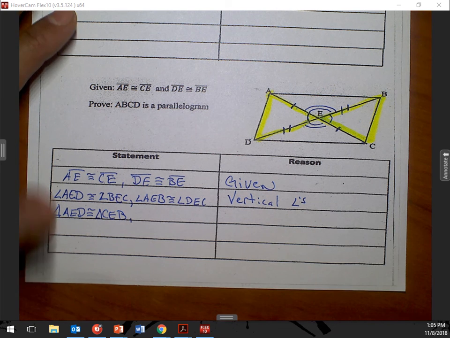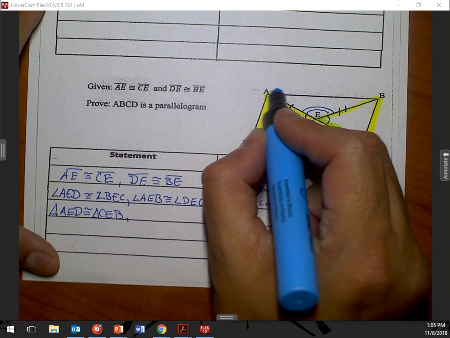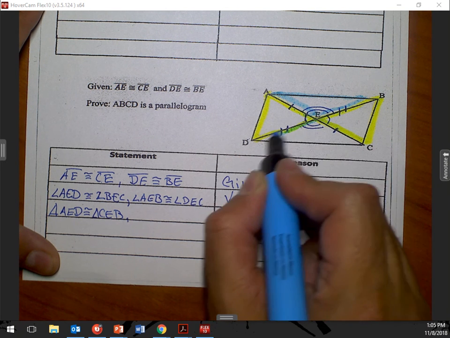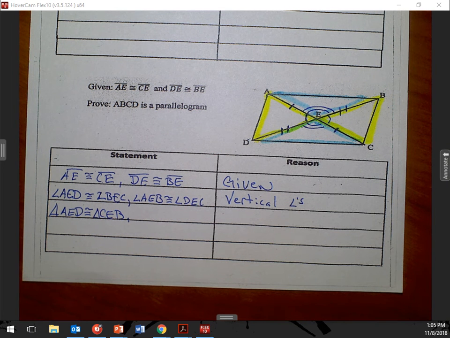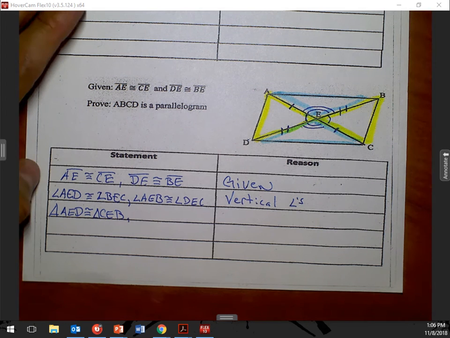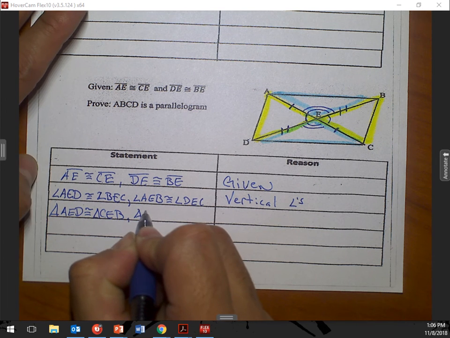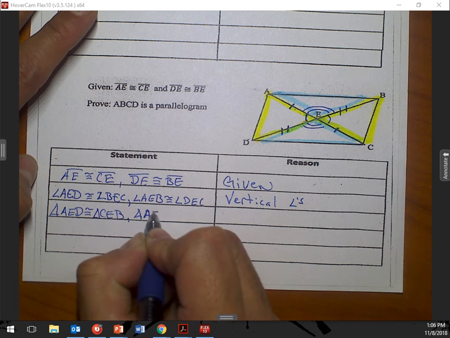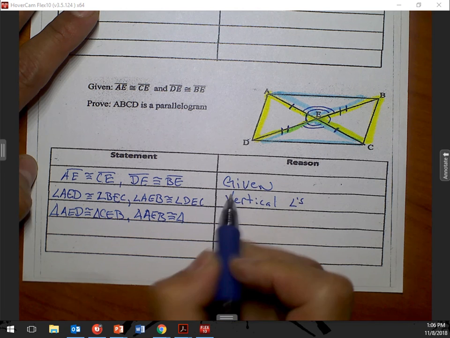Alright, so now, if I do the same thing again, can I also state this top triangle? Yeah. Now, top triangle also. So that would be triangle AEB congruent to triangle CED.